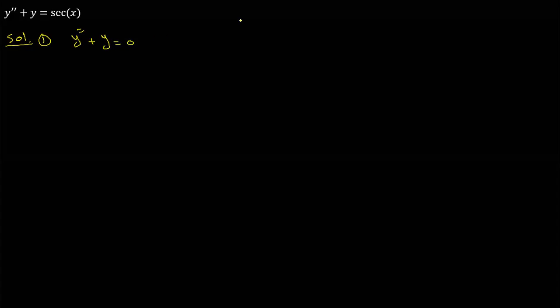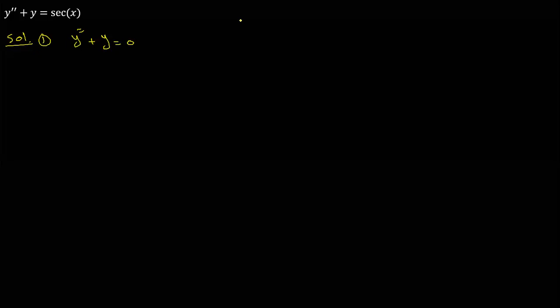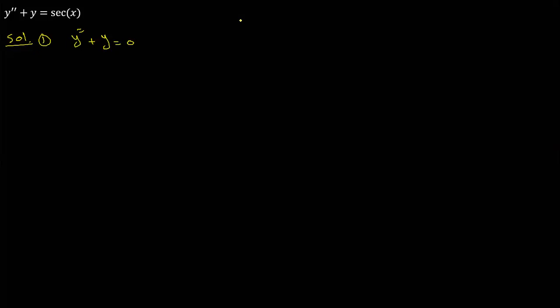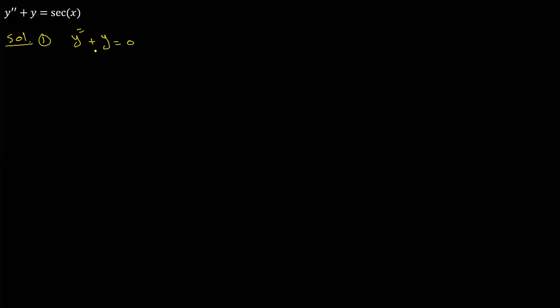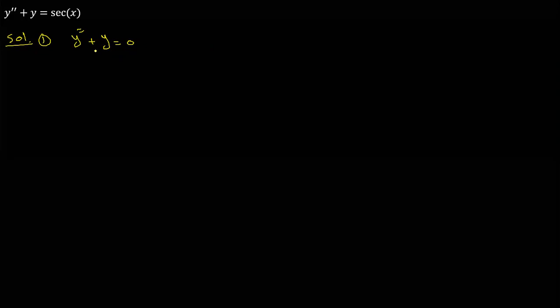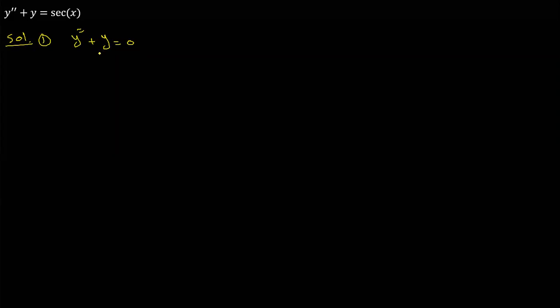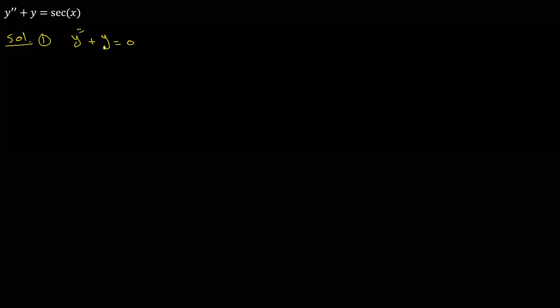Okay. I'm sorry, but I need to choose now some students. Let me choose Ahmed Atif. Yes, so it's a homogeneous equation. And notice now your coefficients are constant. How to solve a homogeneous differential equation with constant coefficients? What do you think?